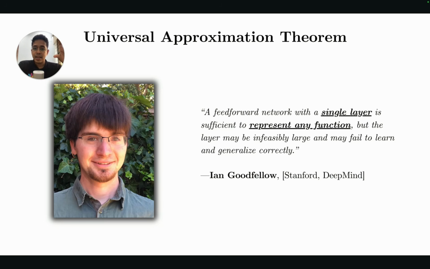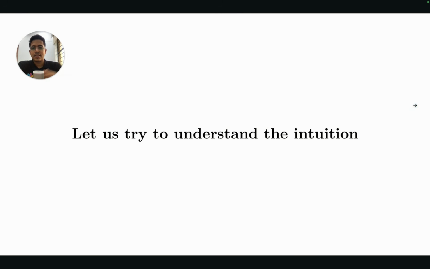The size of the layer may become infeasibly large if the function is very complex, and it may fail to learn and generalize correctly if the size is very small. But basically, a feed-forward neural network with a single layer is sufficient to represent any function. And there are many famous such quotes, but our goal is to try to understand the intuition that all of these people had when they were stating this theorem.